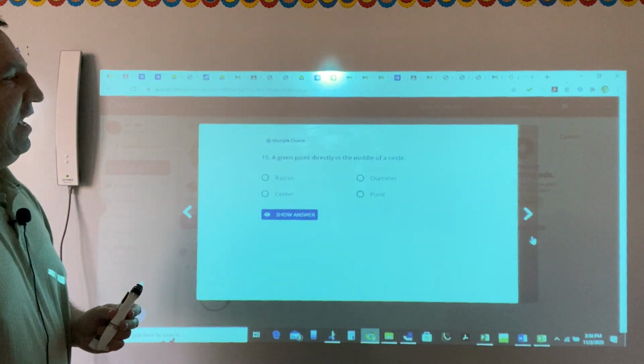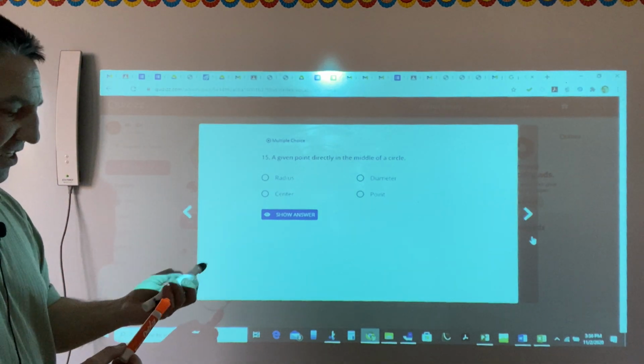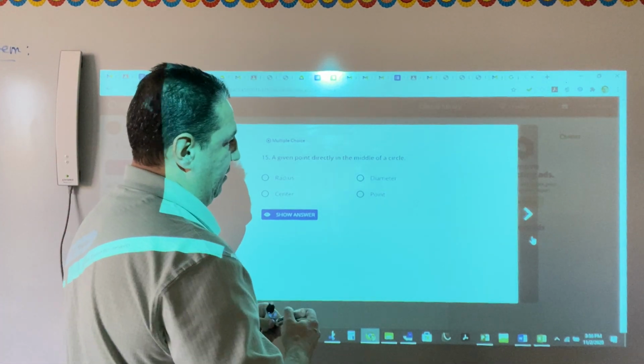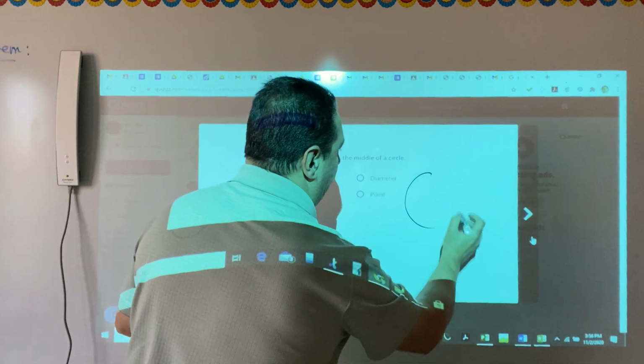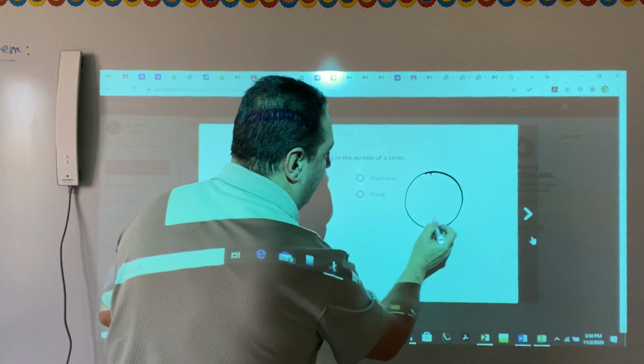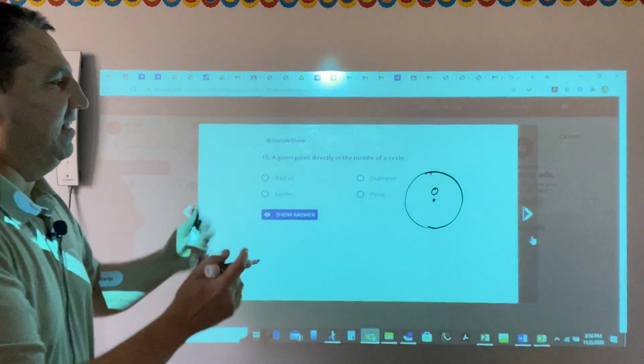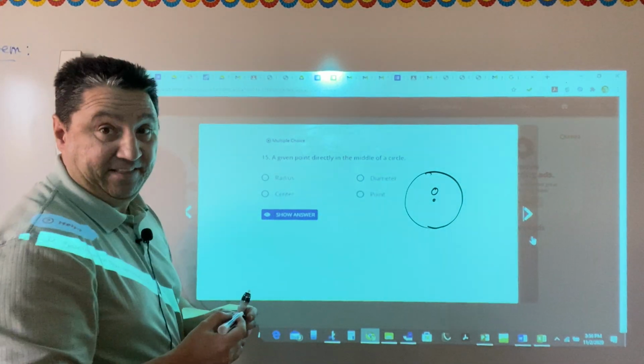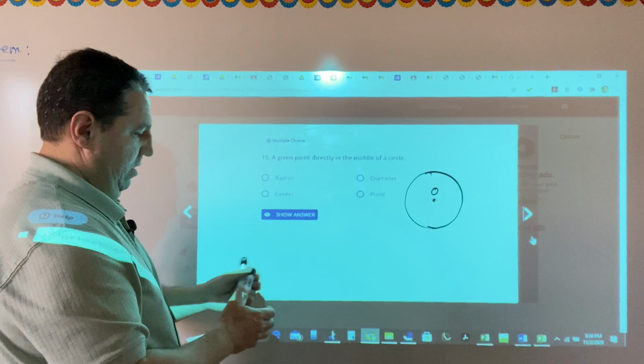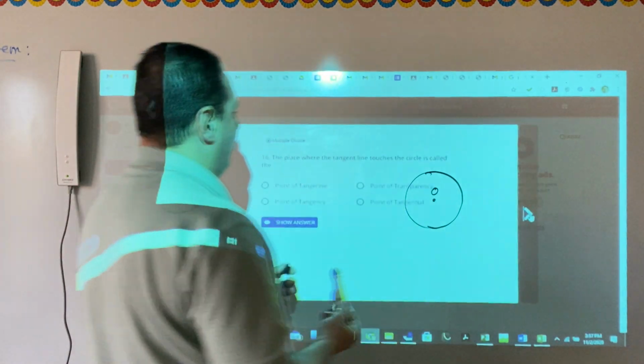A given point directly in the middle of a circle, right, is something like that. This point is called the center, right? It's called the center. Another one.